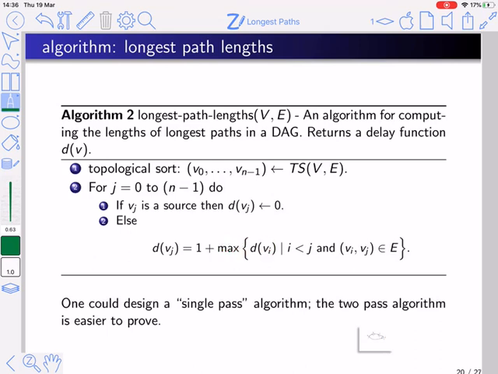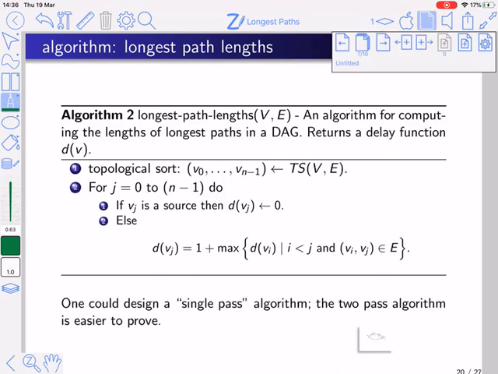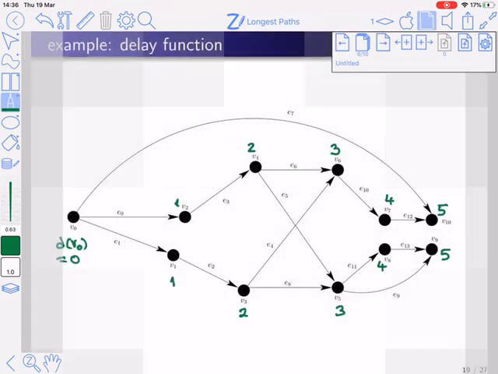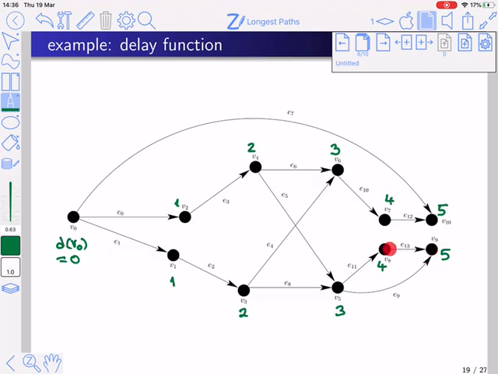To this delay, we add a 1. This is exactly what we did in the previous example. When we looked, for example, at V9, and it saw two vertices from which there are edges to V9, their labels were 3 and 4. We took the maximum of 3 and 4, which is 4. We added a 1 to it in order to get 5.